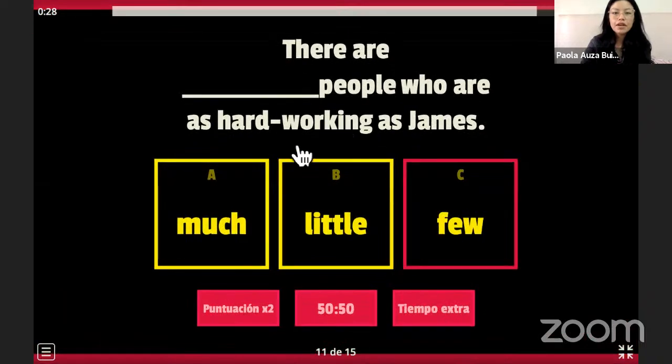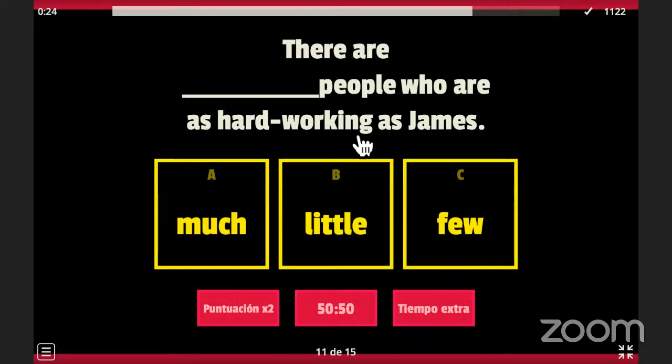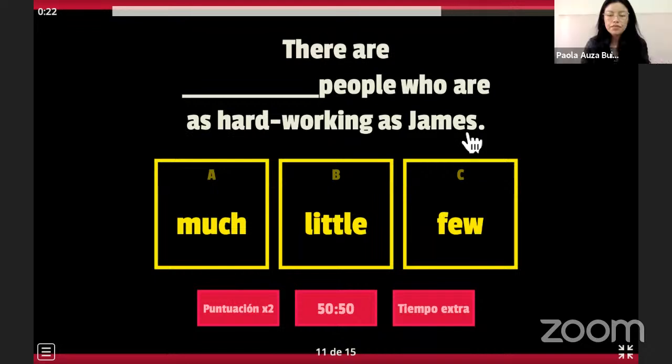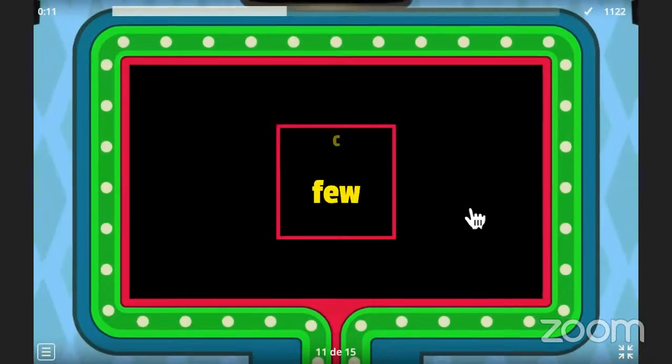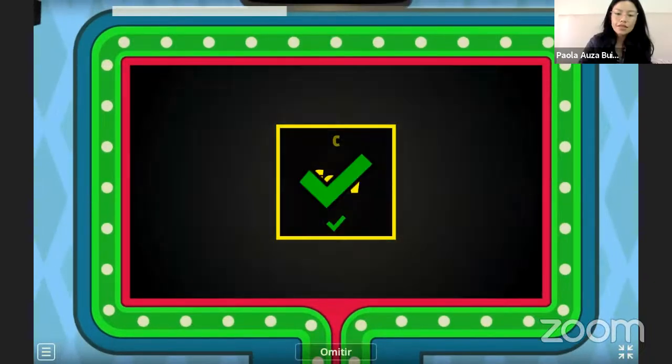There are much, little, few people who are working as James. People are countable. Few. All right. Excellent. Great job.